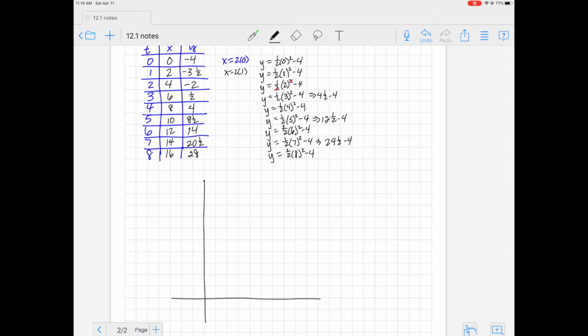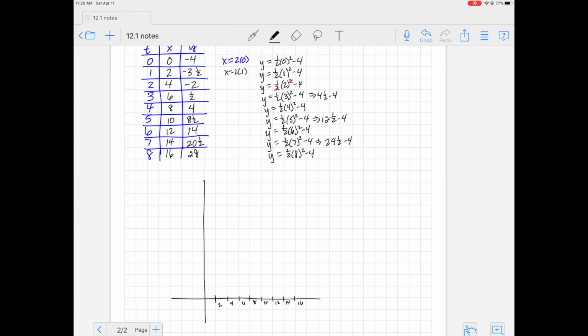Okay, so I'm going to go in terms of 2's on the x-axis. 2, 4, 6, 8, 10, 12, 14, 16, because I want to go up to 16. Then I know I've got to go down from -4 up to 28.